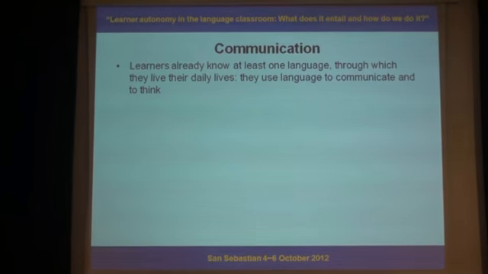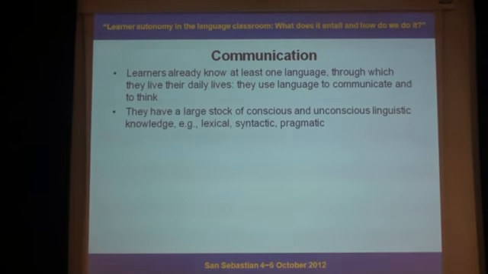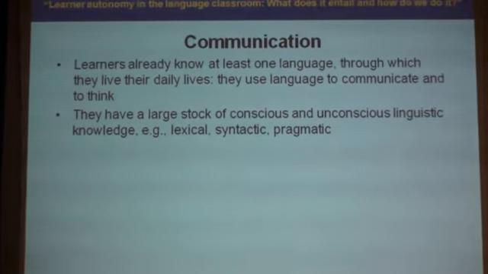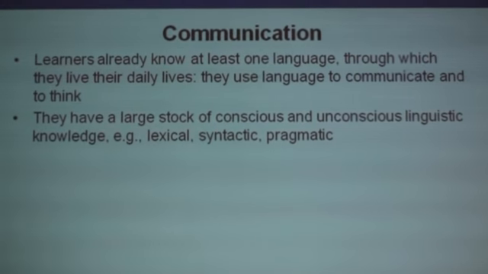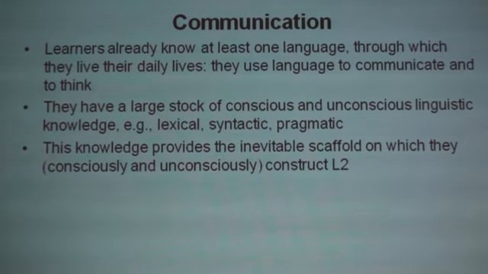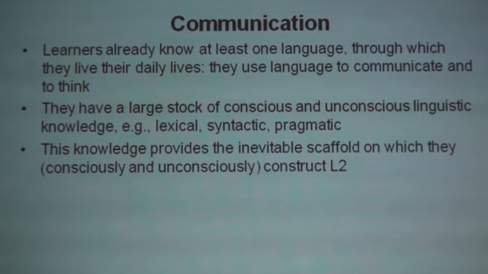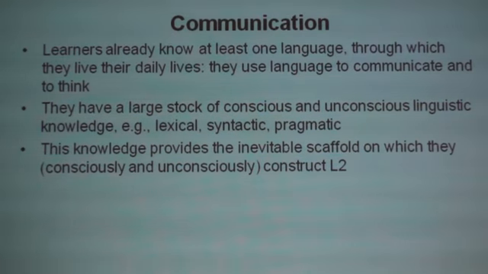They use language to communicate, and they use it to think. They've got a large stock of conscious, but especially unconscious linguistic knowledge, for example, lexical and syntactic and pragmatic knowledge. And this knowledge provides the inevitable scaffold on which they consciously and unconsciously construct their target language.